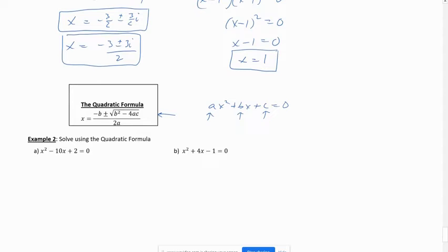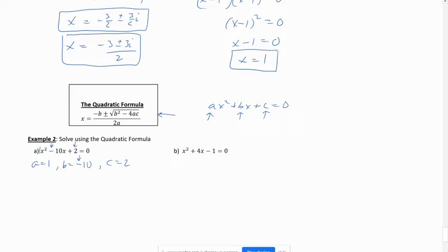And so in this problem, a is 1, that's the coefficient of x squared. b is negative 10, so be very careful with negative signs. Make sure that if there is a subtraction sign, that goes in front of the coefficient. And then c is 2.